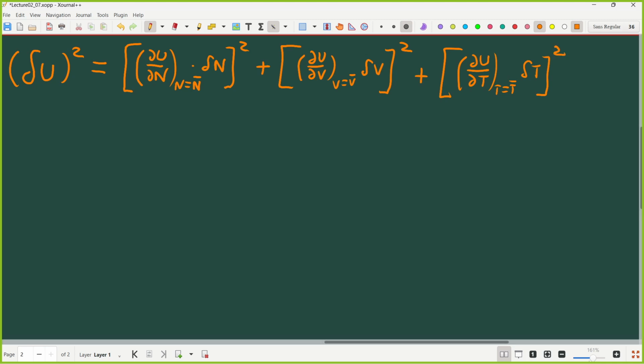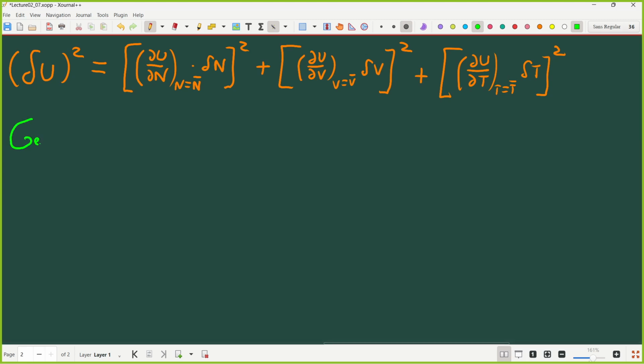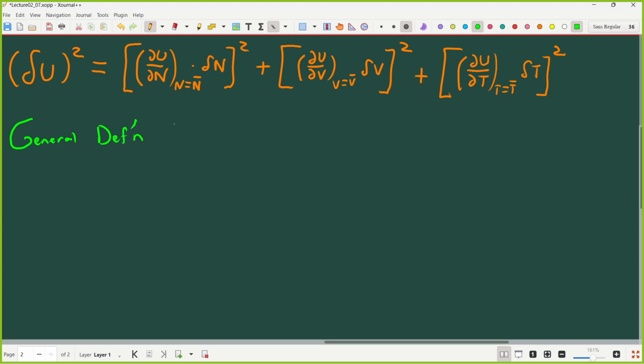Okay, so what does that mean? Well, that means that the error in u is just the square root of this whole thing. So let me simplify that. Here's the general definition for propagation of uncertainties.